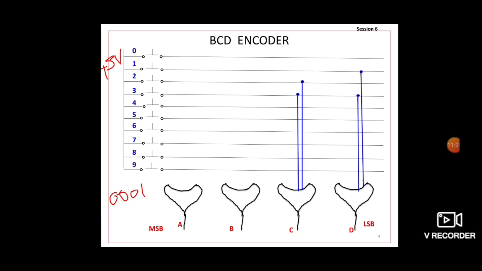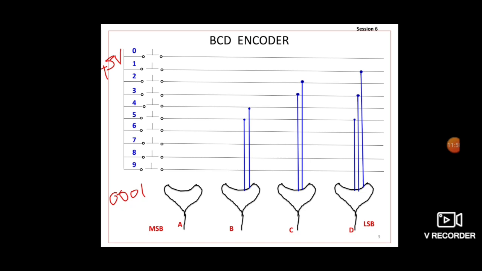Now fourth, 0 1 0 0. So the B OR gate is connected to the fourth switch. What is the binary number of fifth? 0 1 0 1. Okay, so B and D gates are connected to the fifth switch.